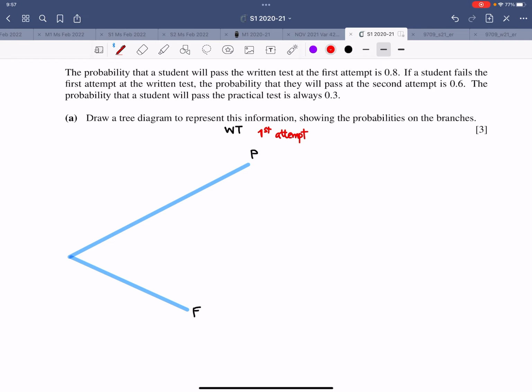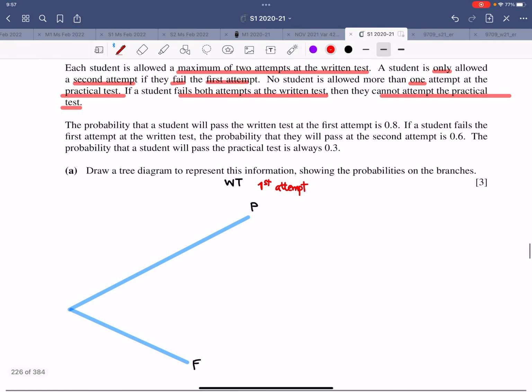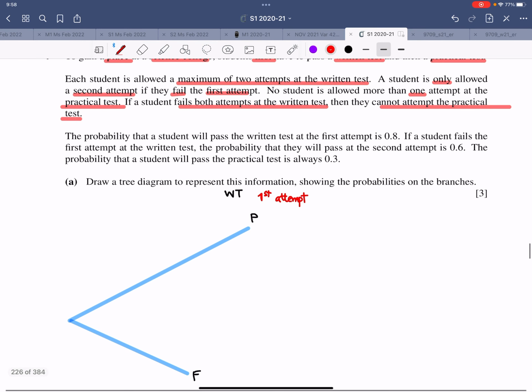If they pass on the first attempt, they can reach the practical. So over here, when I talk about the practical exam, it's going to be pass and fail. So this is the practical test, and this one is pass, this one is fail, and there is only 1 attempt.